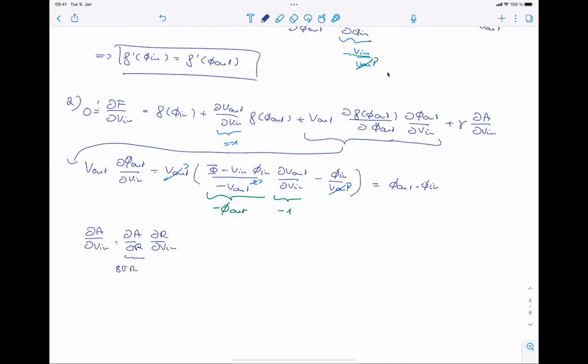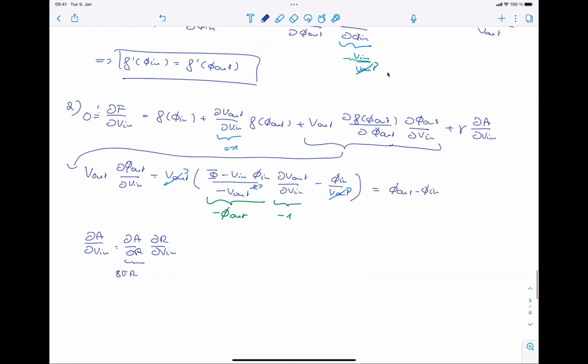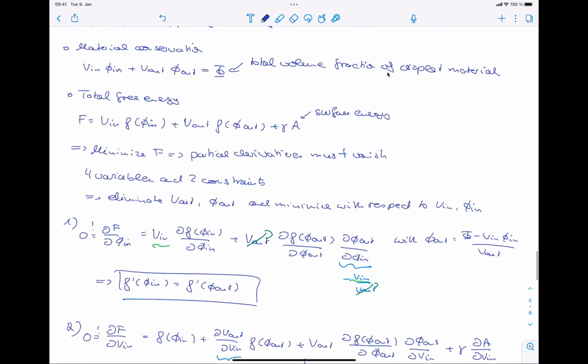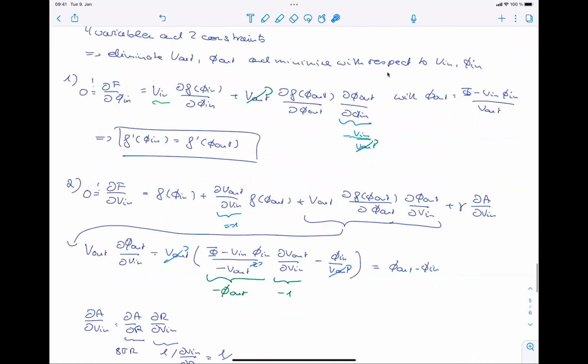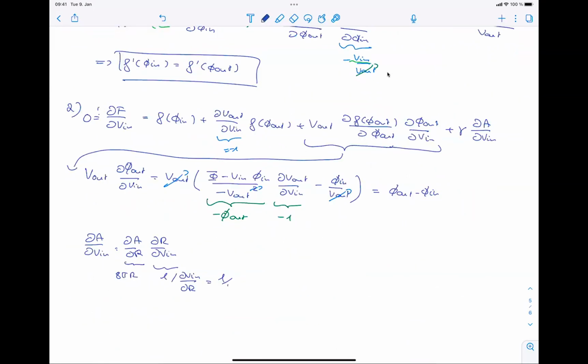And then dr/dV_in is 1 over dV_in/dr, and the volume has a cubic dependence, so it's 4 pi r squared. And so taken together, we have 8 pi r over 4 pi r squared, it's 2r.